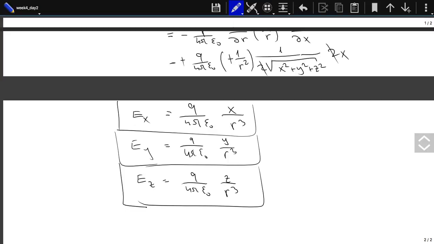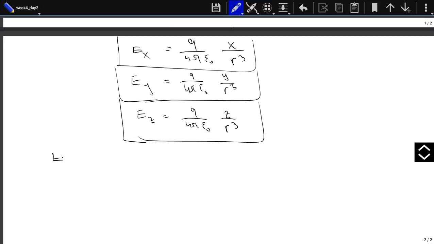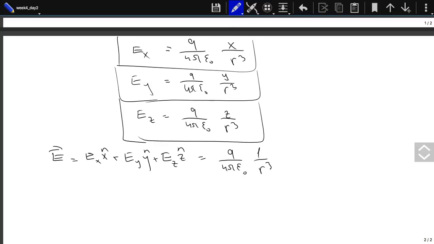Now let's write the electric field. This is Ex in the x direction, Ey in the y direction, plus Ez in the z direction. This is equal to q over 4 pi epsilon 0, 1 over r cubed. This is common in all of them. I have x in the x direction, y in the y direction, plus z in the z direction.